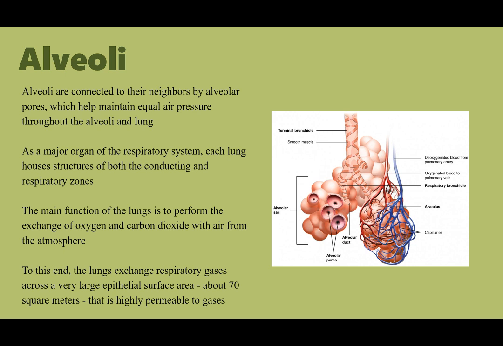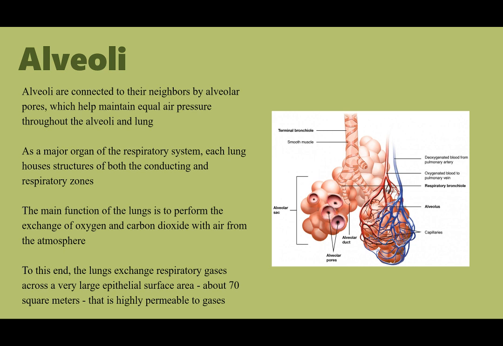Alveoli are connected to their neighbors by alveolar pores, which help maintain equal air pressure throughout the alveoli and the lung. So the equilibrium of the air pressure in the lung is maintained by the connection between alveoli.